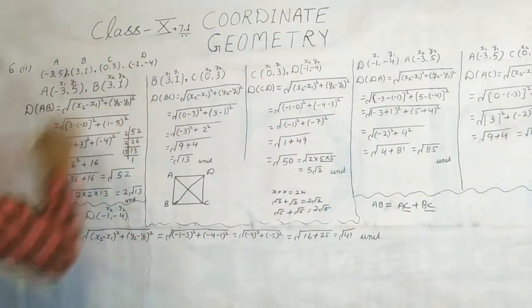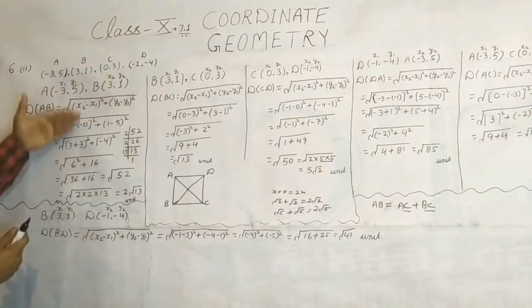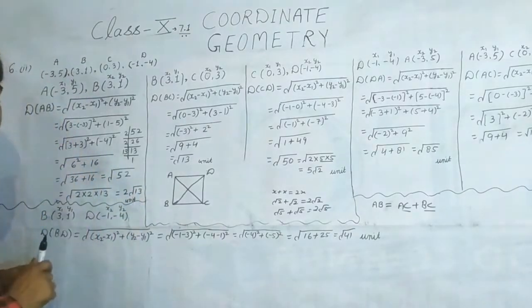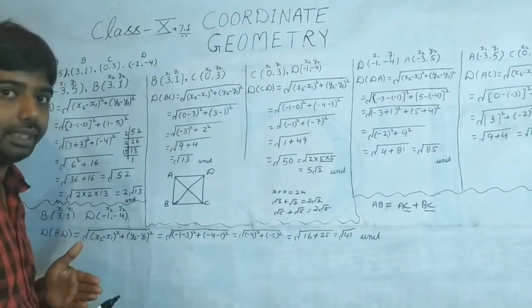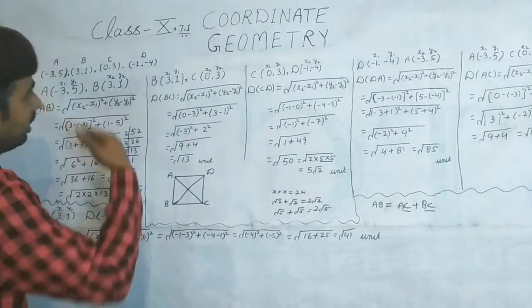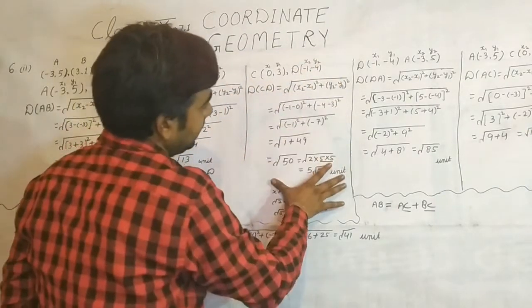These are 4 points. Point A and point B I have written here. By the distance formula, I find the distance of AB up to here. In the previous section, I have done it and explained everything. If you are getting any problem, then you can ask me. BC, distance of BC. CD, distance of CD.